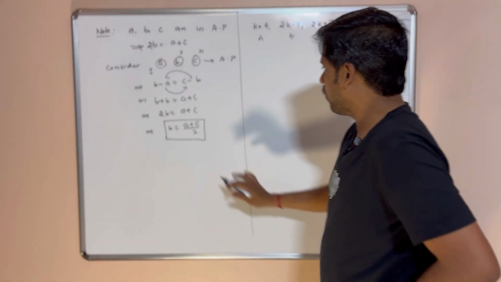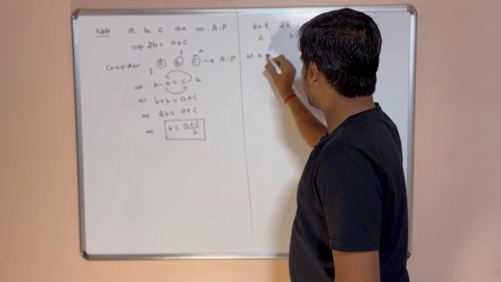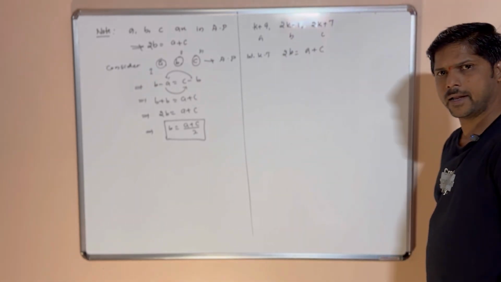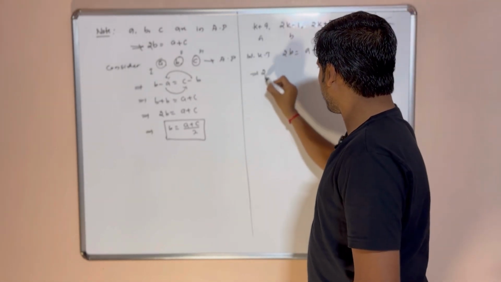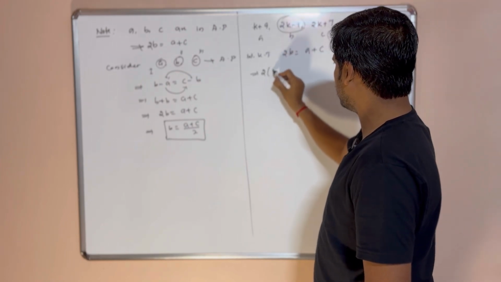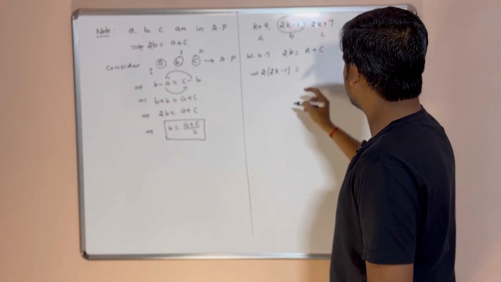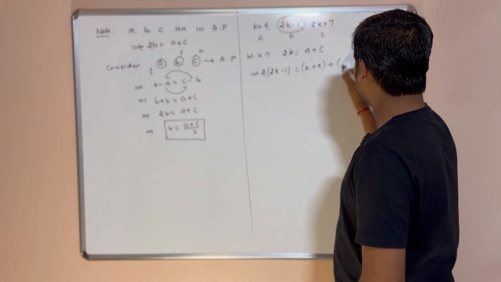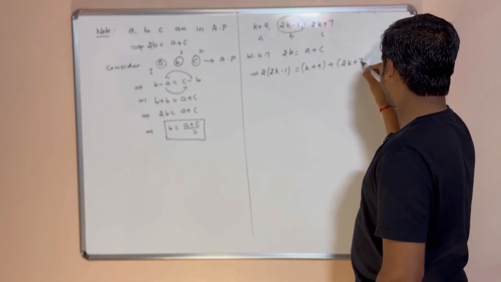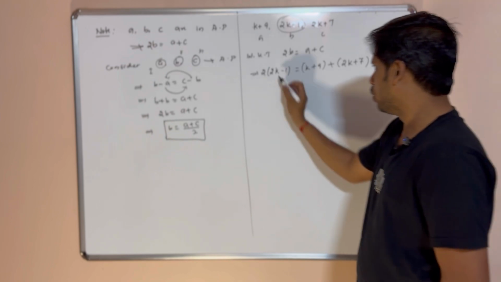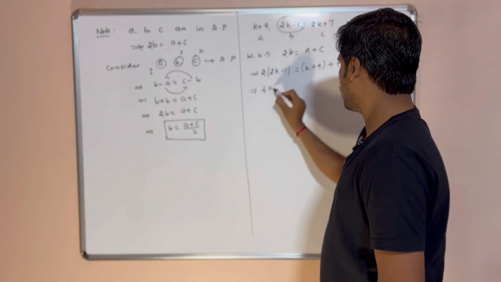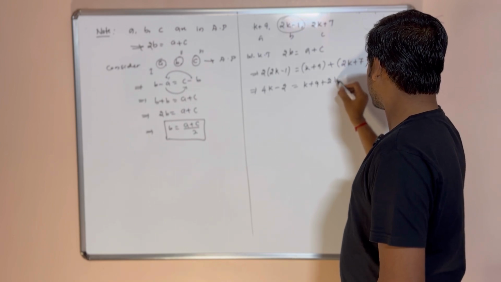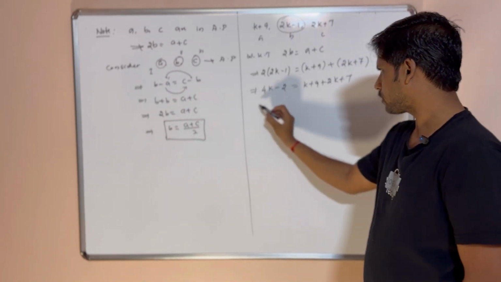So here we know that 2B is equal to A plus C. In place of B, here we have 2k minus 1, is equal to, in place of A, k plus 9, in place of C, 2k plus 7. Now simplify. 2 2s are 4k minus 2 is equal to k plus 9 plus 2k plus 7.